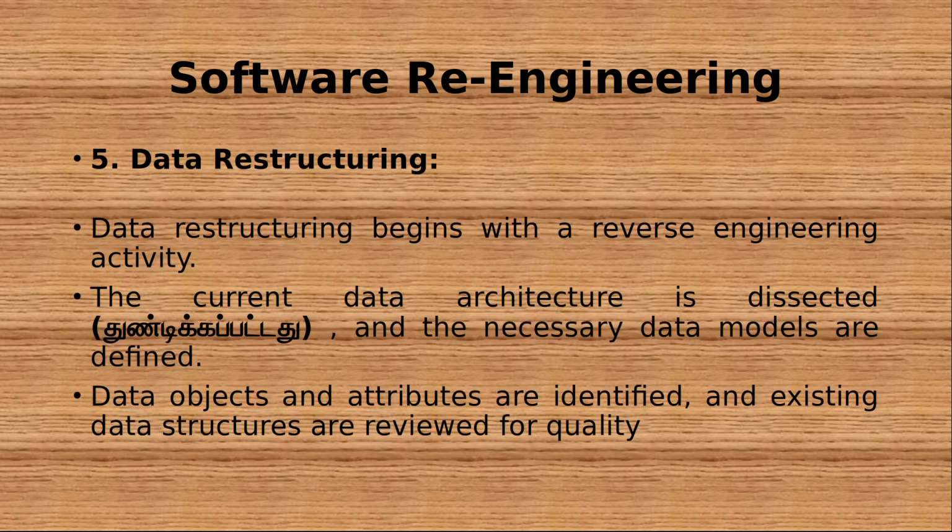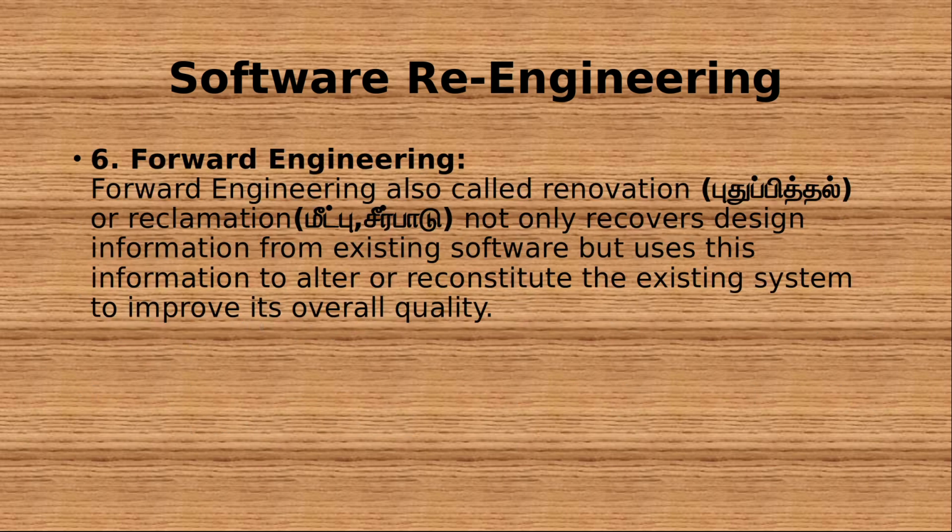Then if we want to change the data, data restructuring is also done in the process. Then forward engineering. After the renovation, reclamation recovers design information from the existing software, but uses this information to alter and reconstruct the existing system to improve its overall quality.